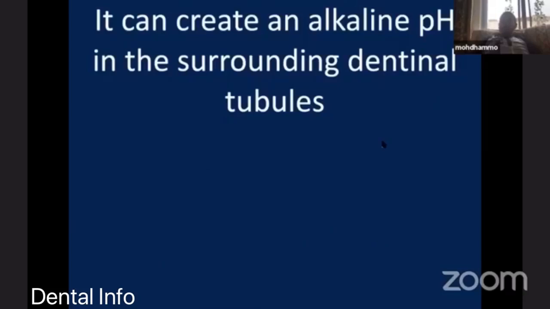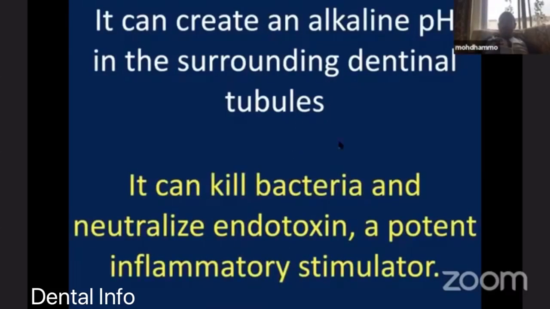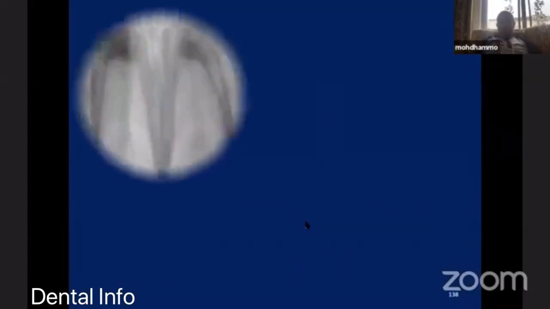Why is calcium hydroxide important? It can create an alkaline pH in the surrounding dentinal tubules, and it can kill bacteria and neutralize endotoxins, which is a potent inflammatory stimulus. So when we place calcium hydroxide, it will create alkaline pH, and it will neutralize endotoxins.